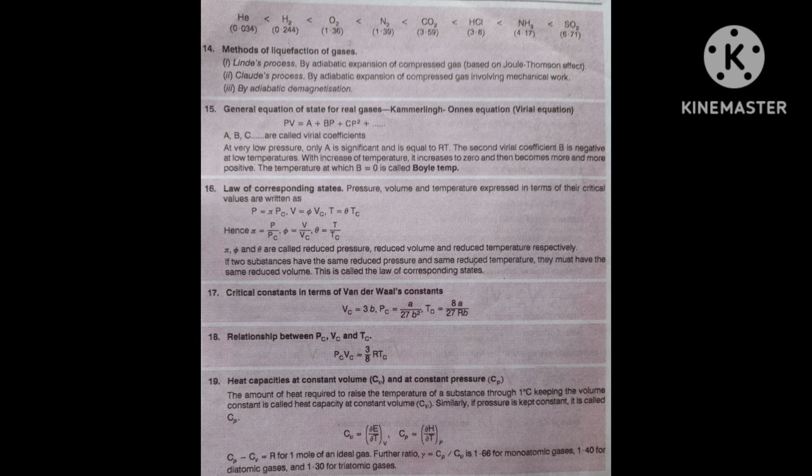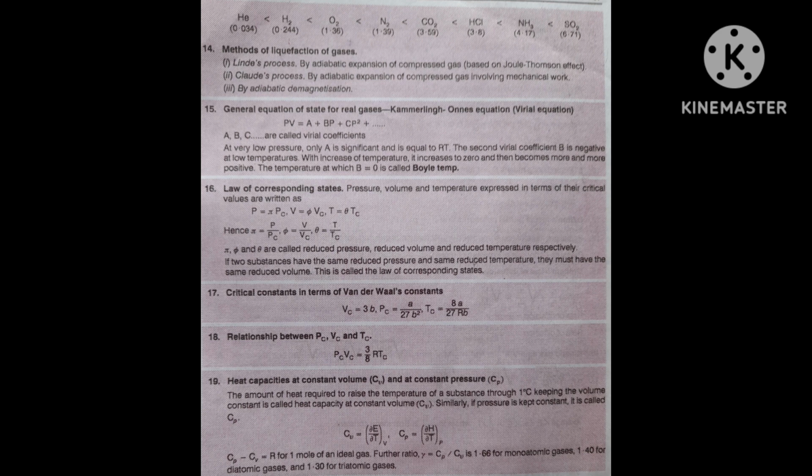Cp also you can say: the amount of heat required to raise the temperature of a substance through 1 degree centigrade, keeping the pressure constant, is called heat capacity at constant pressure. Same type of definition, one at constant volume and other at constant pressure, and in both cases heat required to raise the temperature of a substance through 1 degree centigrade.